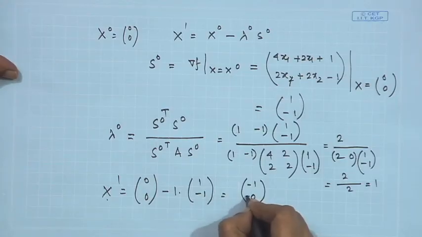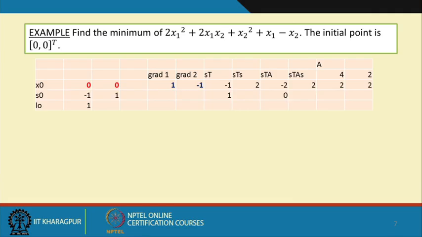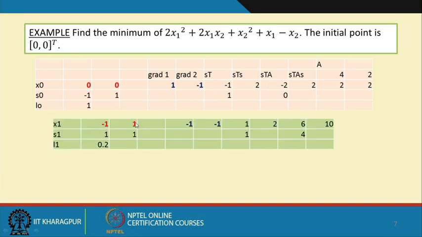We have calculated the gradient of the first component, the gradient of the second component, and the next x1 we are getting is minus 1 1.